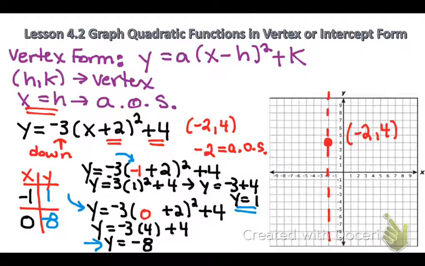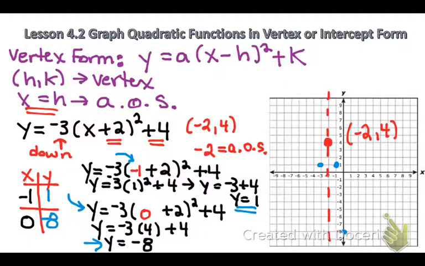So we're going to go over to our graph and plot it. So we go over -1, up 1, and then 0, and we go down 8. And then remember, we're creating a mirror image, so we can just go over 1 from my axis of symmetry.